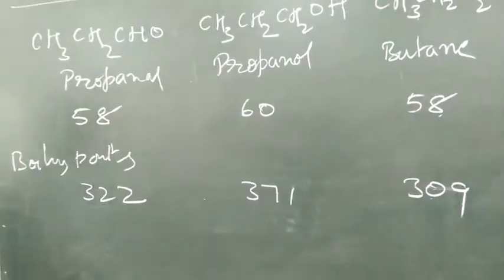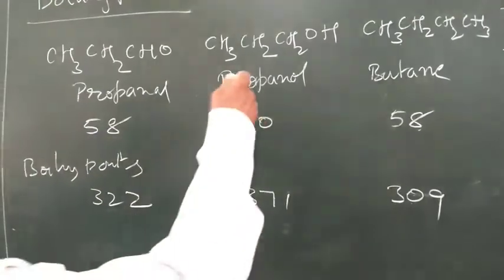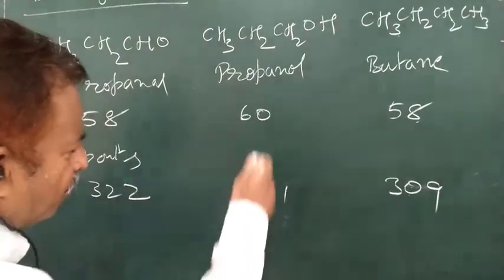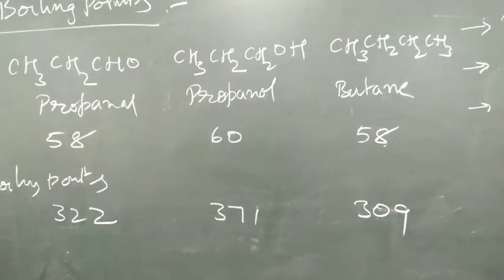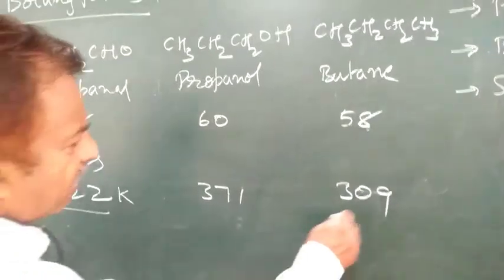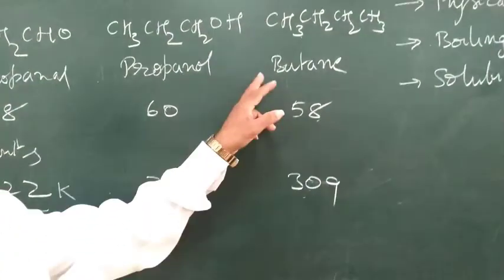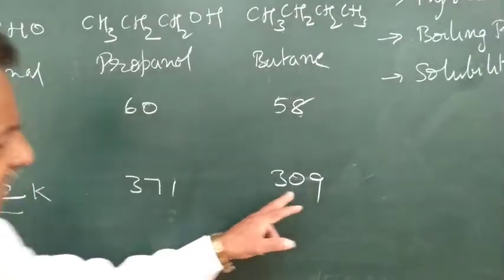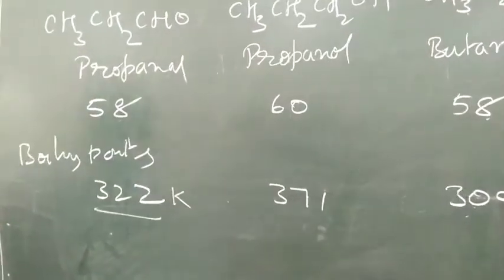From this it is understood that the boiling points of aldehydes are lesser than the alcohols of corresponding molecular masses. The boiling point is 322 K here, and here 371, and this 309. The boiling points of alkanes of corresponding molecular masses are lesser than the aldehydes.